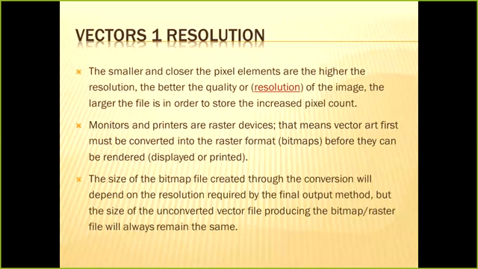Now, here's what I want you to understand. As you go from a file, say a web file, 72 pixels per inch, the size of that image is going to be one size. When you go from that size to, say, 150 pixels per inch, which is the size of the file that you're going to use to print on a color laser copier, the size is going to increase.